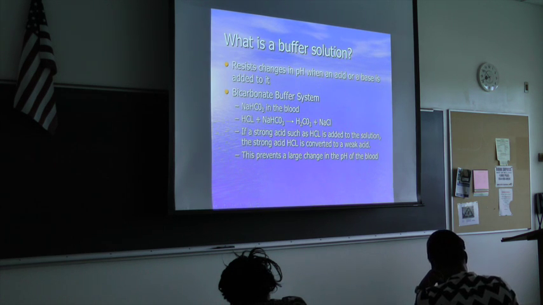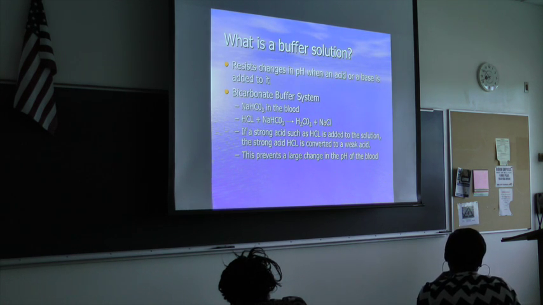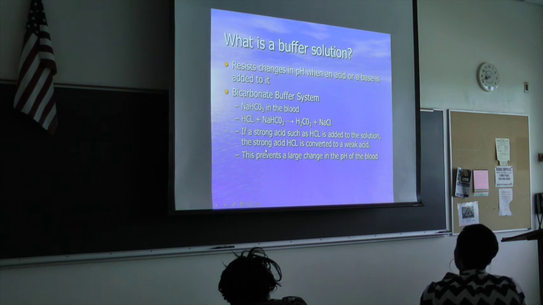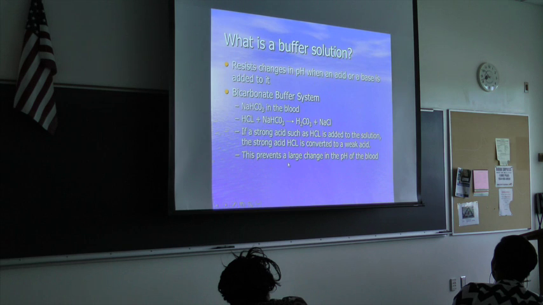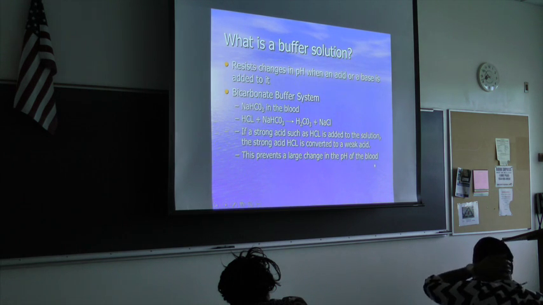So that's an exaggeration, but it's how the body keeps the pH balanced. So it tells you if a strong acid, such as hydrochloric acid, is added to the solution, the strong acid is converted to a weak acid. This prevents a large change in the pH of the blood.